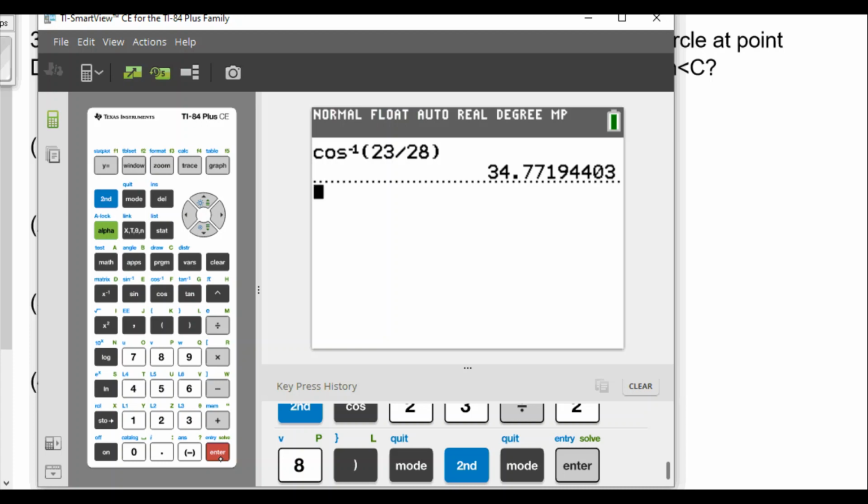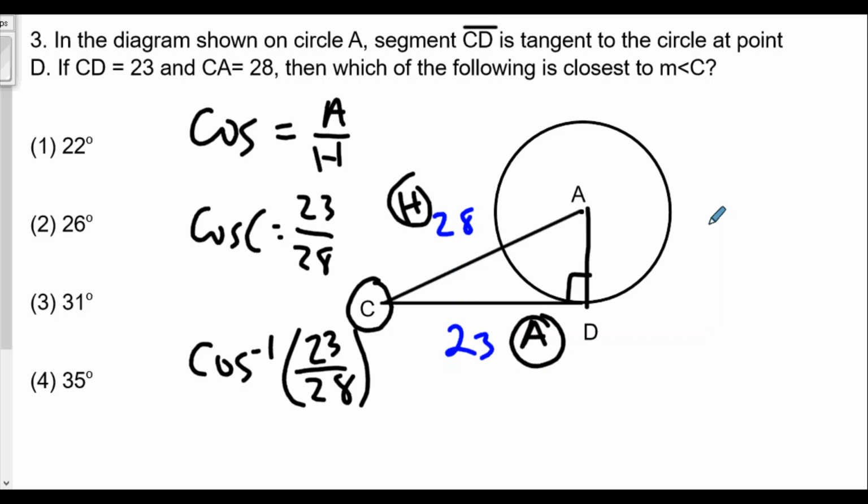Okay, because we want to make sure we're in degree mode. And so to the nearest degree, we have 34.77194403, and it goes on because it's an irrational number. But in this case, we round to the nearest degree, we would have 35 degrees. So our answer in this case would be 35 degrees, which is going to be choice 4.